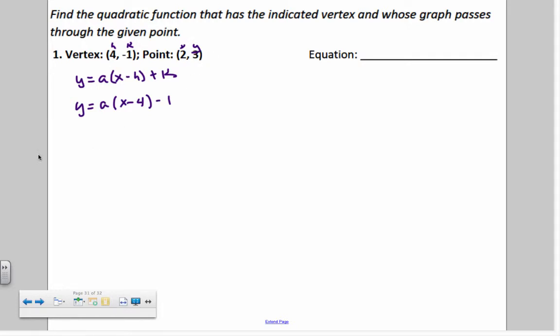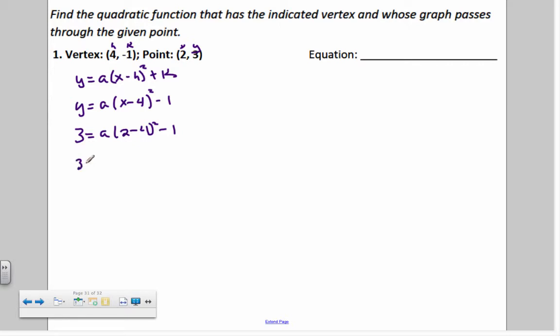I do it in two steps so that I don't make any mistakes. So my y is 3 equals a times (x, which is 2, minus 4). Oops, I forgot my squares in all of these. Squared minus 1.